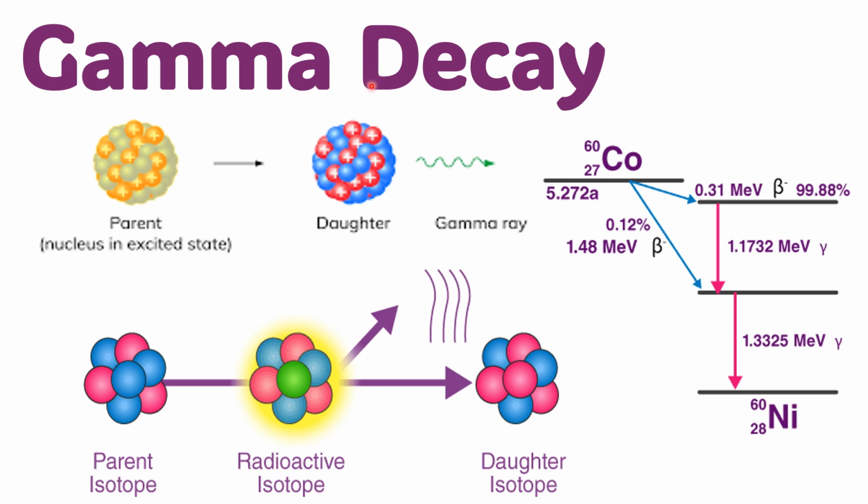In simple words, gamma decay is a nuclear de-excitation of the daughter nucleus resulting in the release of highly energetic gamma radiation.